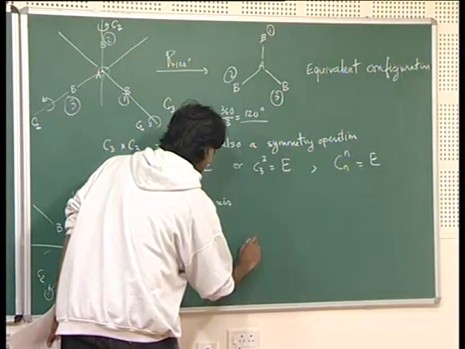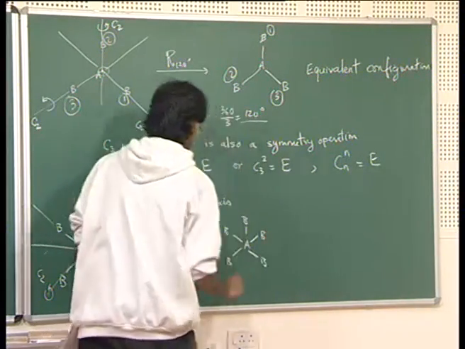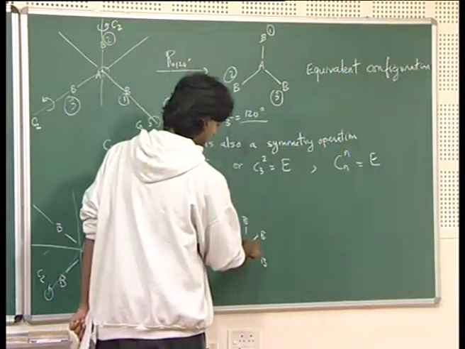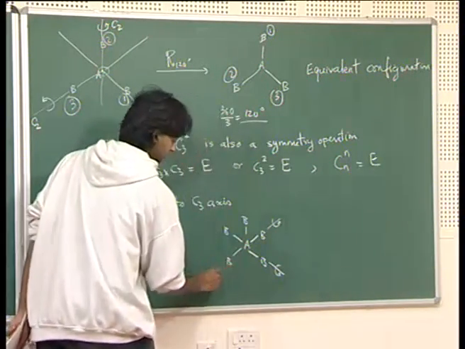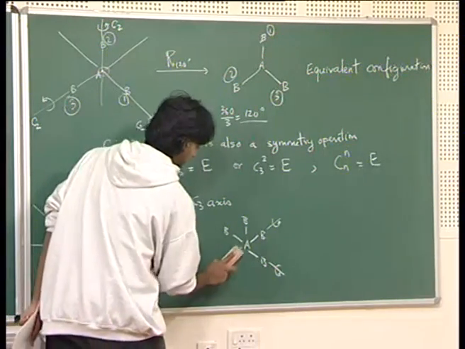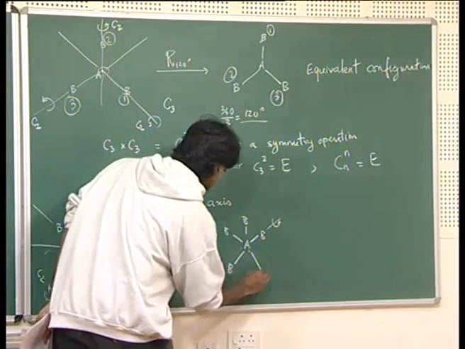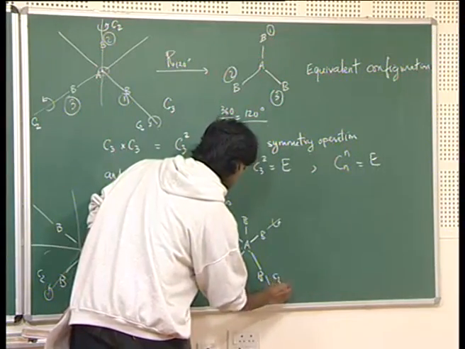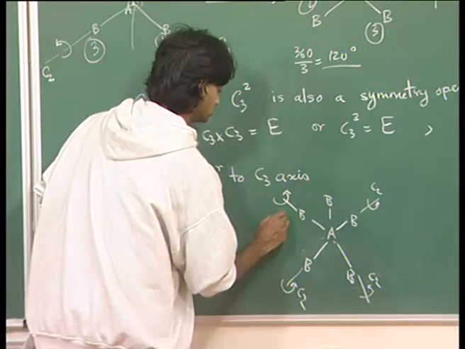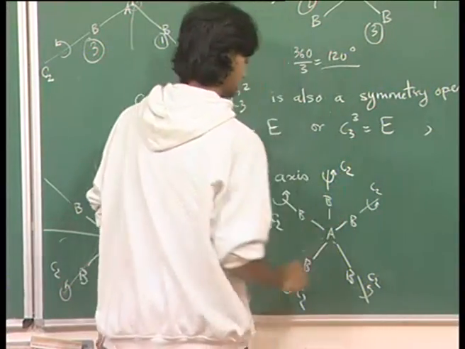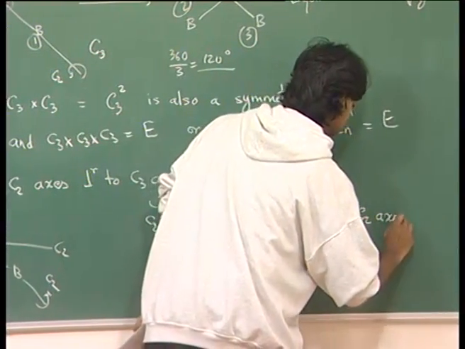So, for example, if you had AB5, and this was a C5 axis, then you would have had one, two, and so on. So C5 implies 5 C2 axes.